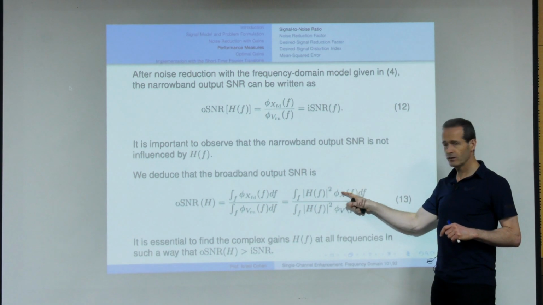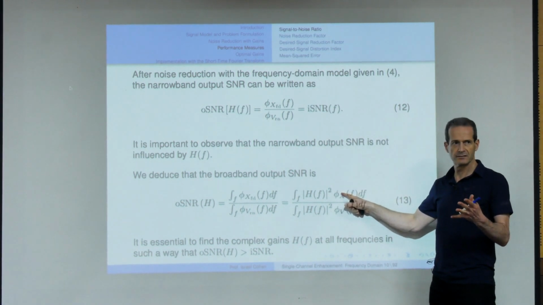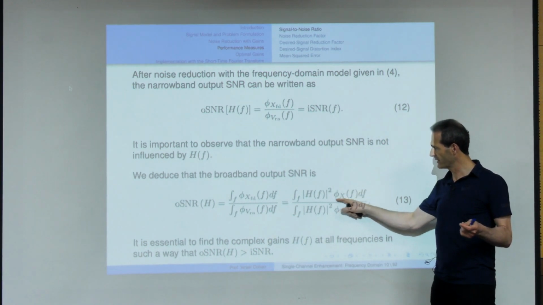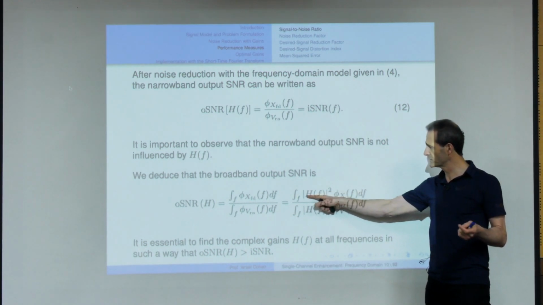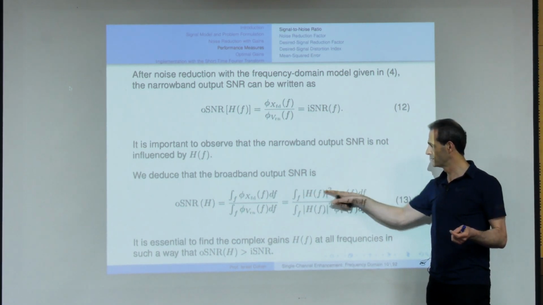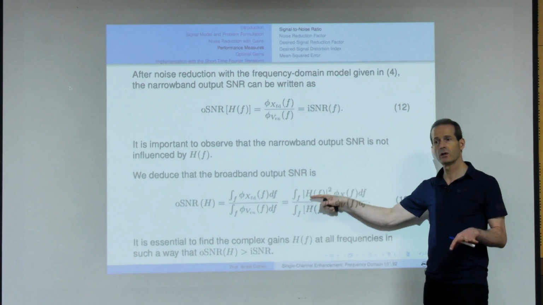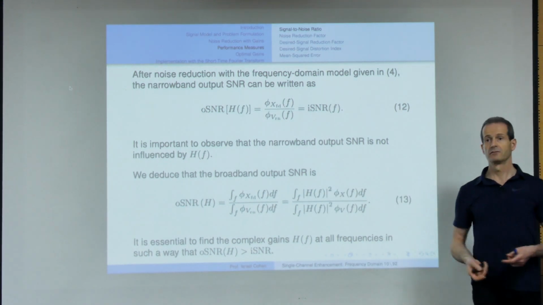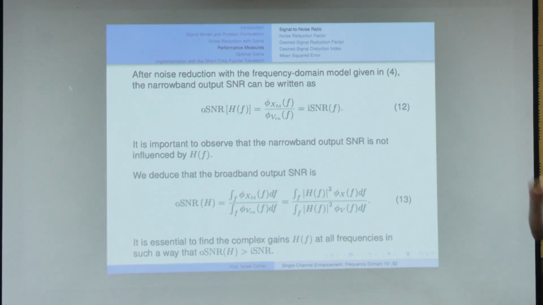So this is higher when the SNR is higher for white noise. So when this is higher, we will choose H to be higher. When this is lower, we can make H lower. And then this integral will be a total value higher, even though the norm of H is constant.